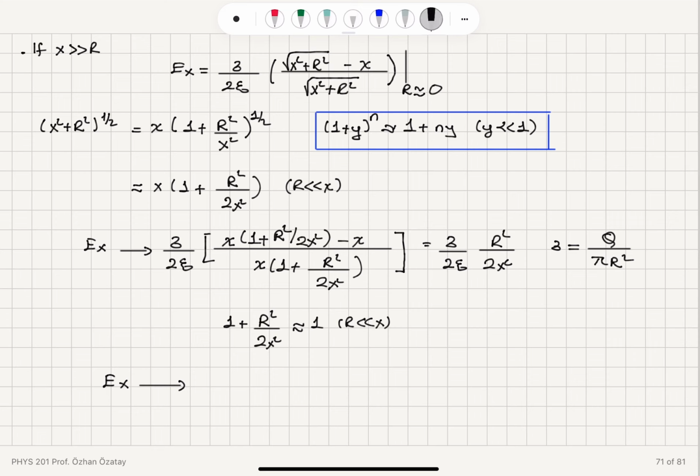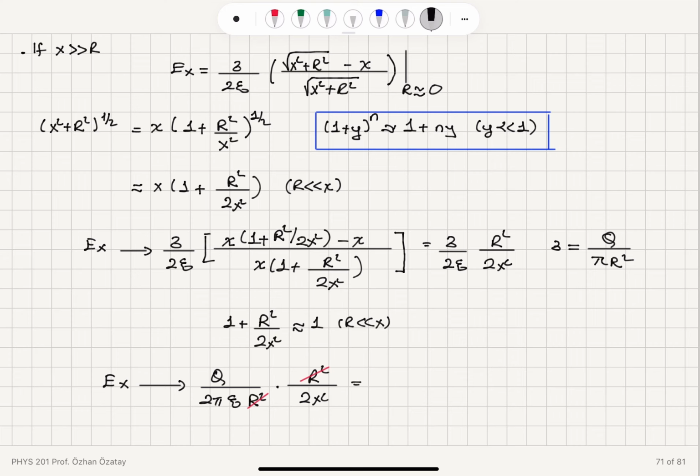So this will be Q divided by 2 pi epsilon 0 capital R squared. That is this term. And now I have R squared over 2x squared. Capital R squares will cancel here.